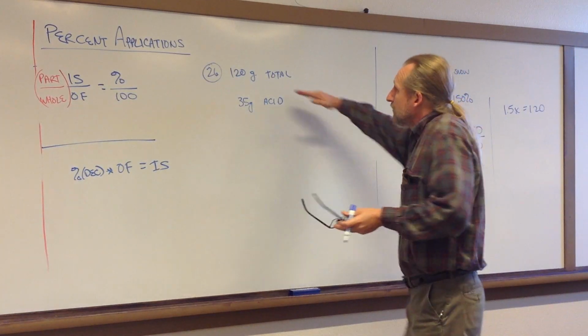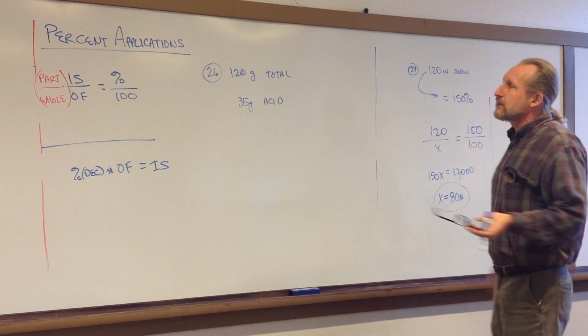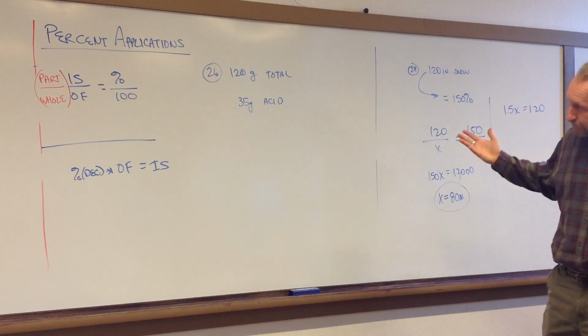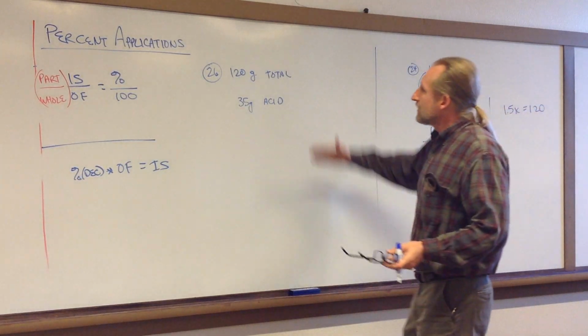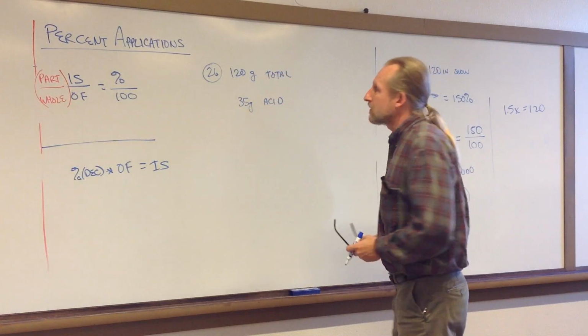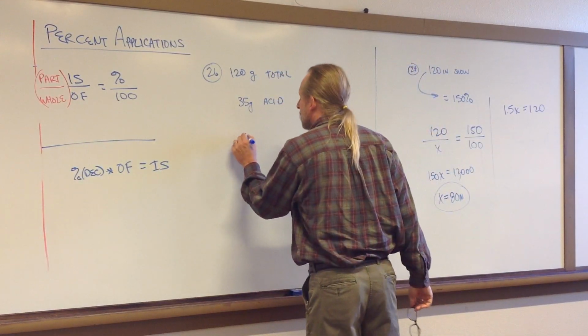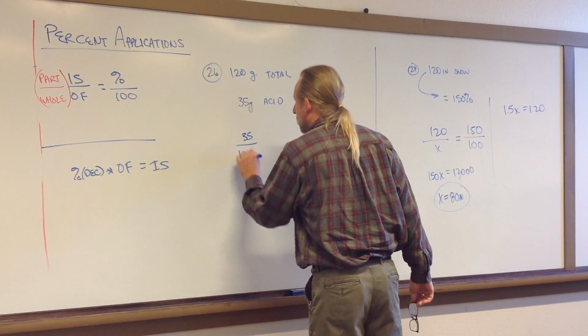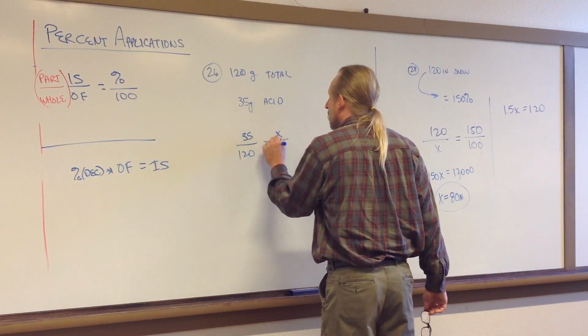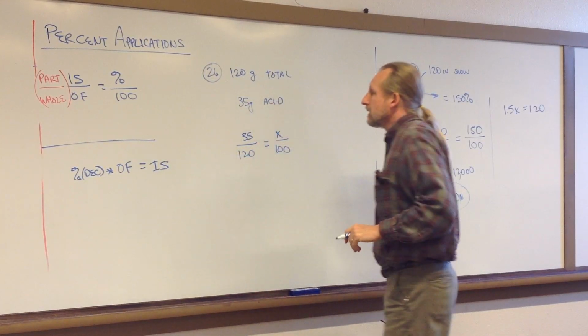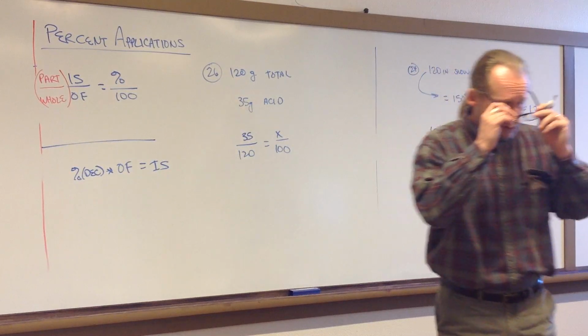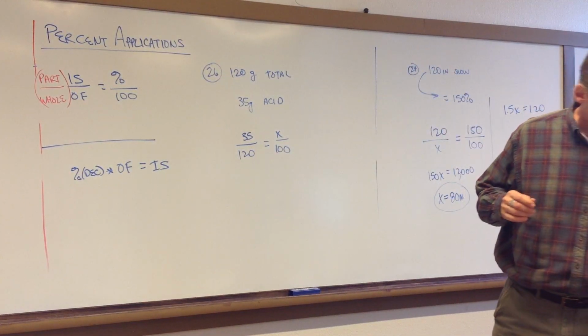Okay, so I wrote total. That word was not in the problem, but it seems pretty evident to me that this is the whole, this is the part. Okay, so we've got 35 grams out of 120 being pure acid, and the rest is whatever is in the solution, often water.